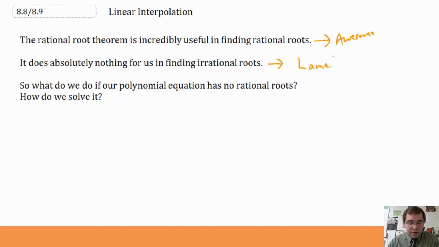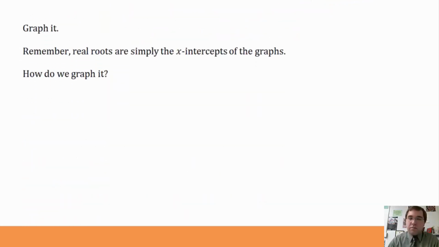So what if our polynomial has no rational roots and all we have are irrational roots? How in the world do I solve it? Graph it. Remember, real roots, whether they are rational or irrational, roots that are real numbers are simply the x-intercepts of the graphs.